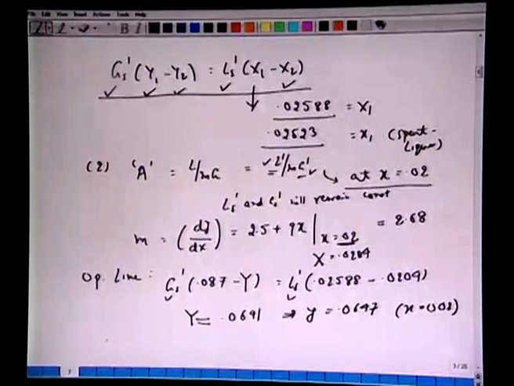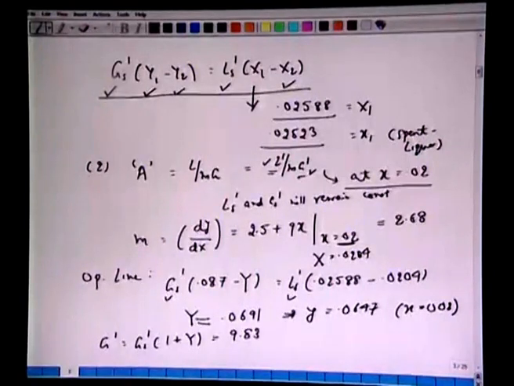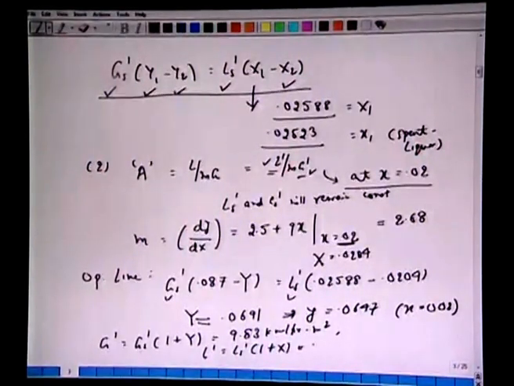Okay. So, we can write G prime as GS prime (1 plus capital Y) to obtain 9.83 kilomole per hour per meter square. Similarly, we can write L prime as LS prime (1 plus x) to obtain 30.61, and then one can calculate A equals 1.16.